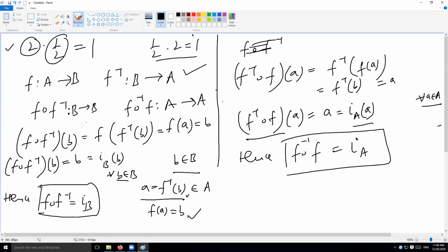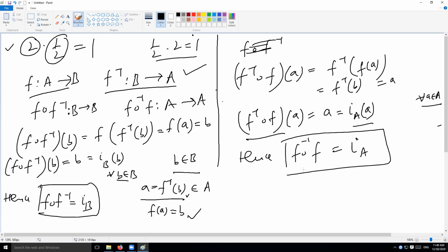So if F is a map from A to B and F inverse is a map from B to A, then F composition F inverse is going to be identity on B, and F inverse composition F is always going to be an identity on A actually.